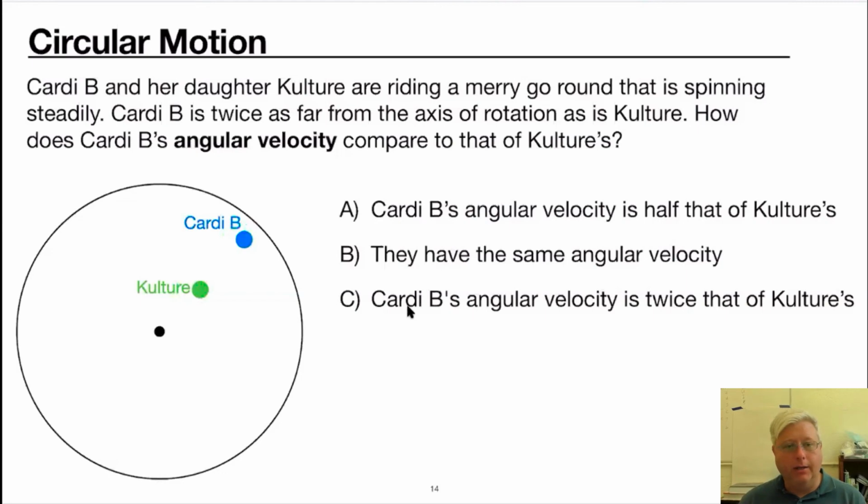Okay, so angular velocity, recall, is 2 pi radians over the period. So angular velocity only depends on the period, right?